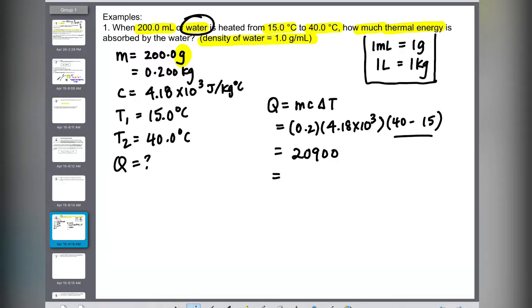I have 2 sig digs that we're going to be using. I know we didn't really use it in the calculations, but you did, because in order to do this, you did the calculations already. So 2 sig digs is what we're using: 2.1 times 10 to the 4 joules.